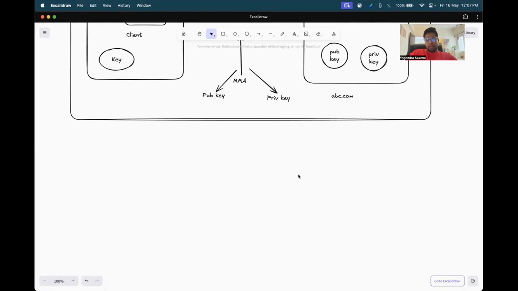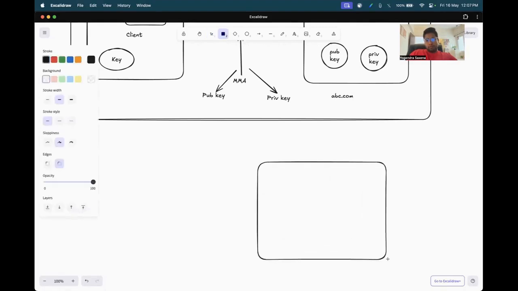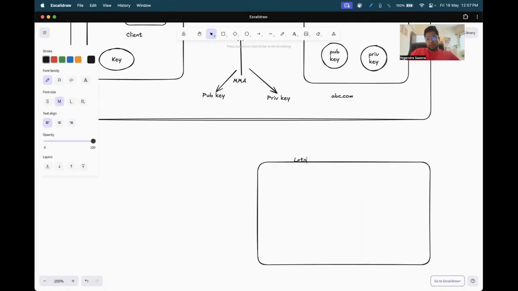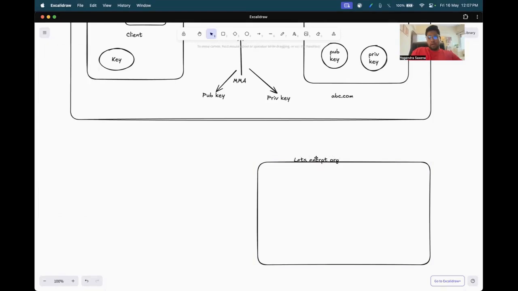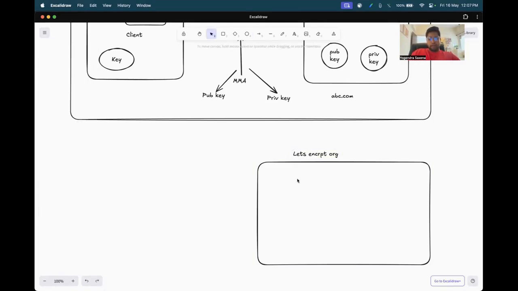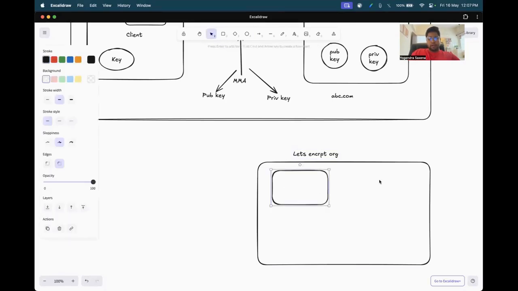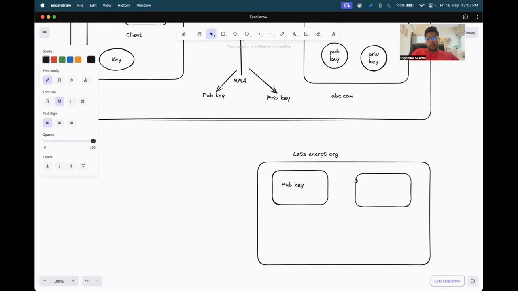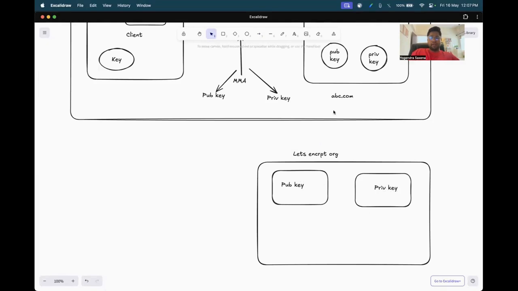And this server will go to Let's Encrypt, and Let's Encrypt will have its own public and private key. The server will say, hey, my domain is abc.com.